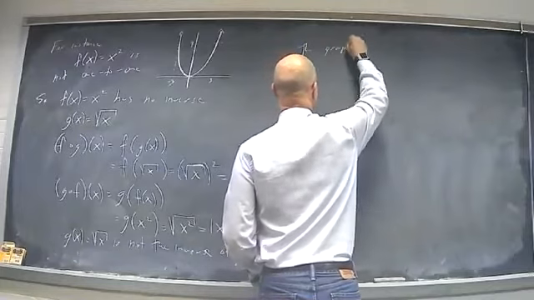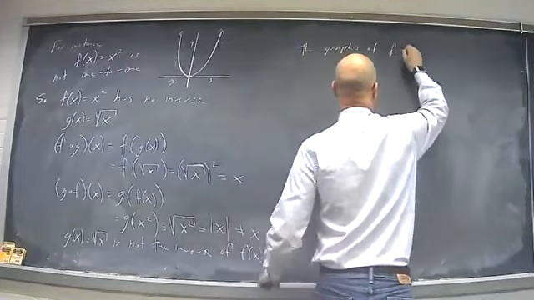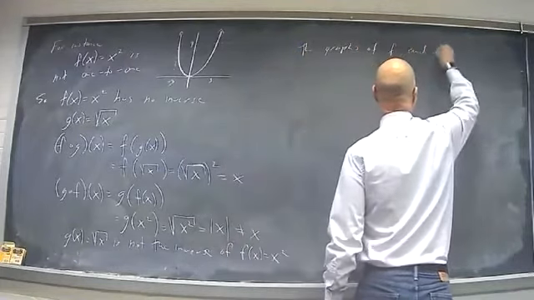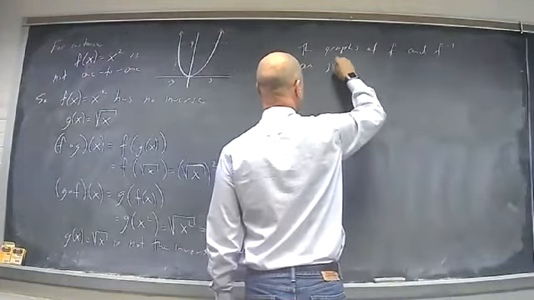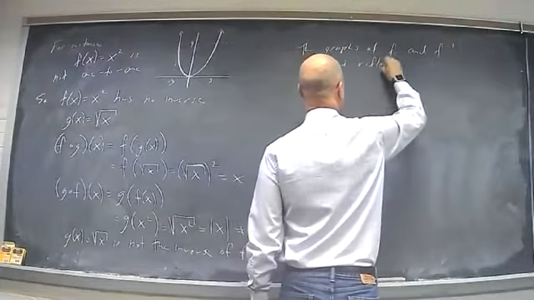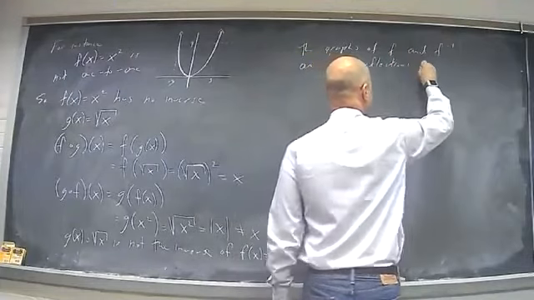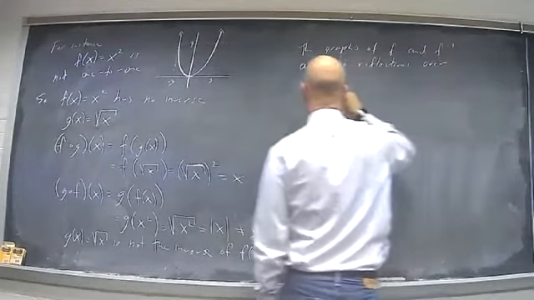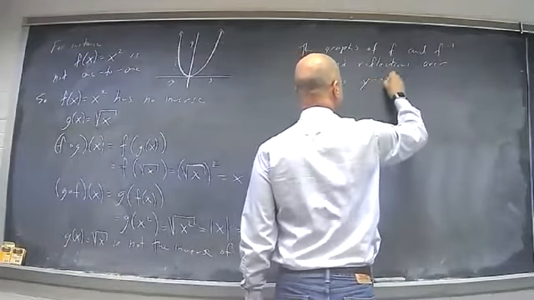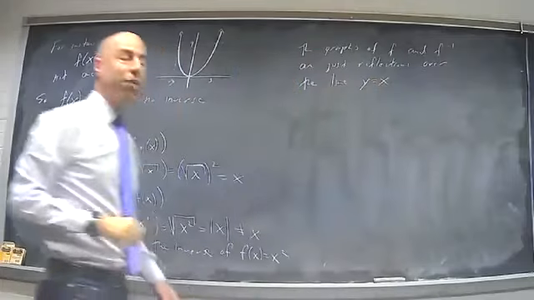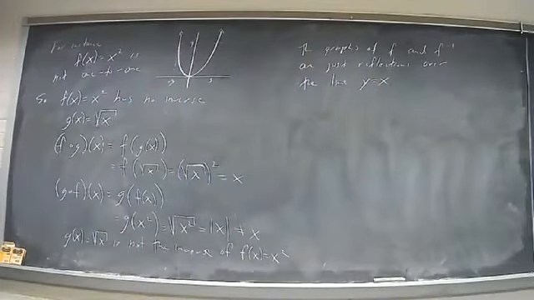Graphs of f and f inverse are just reflections of one another over the line y equals x. You remember when we computed f inverse, we just switched the role of y and x. So graphically, what you're doing is just reflecting over the line y equals x.